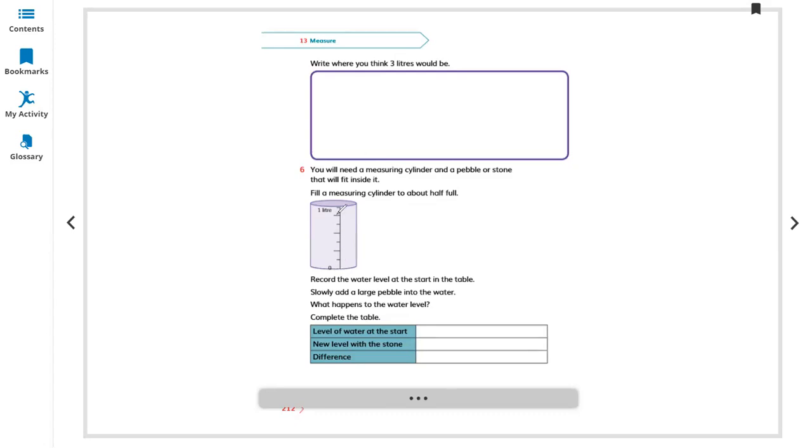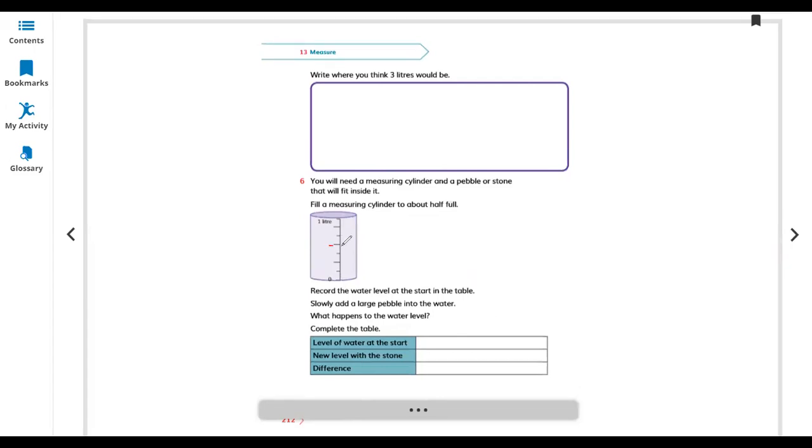Half full is, if this is 1 liter here, so this 0, 1, 2, 3, 4. We are making it half here. It's coming here in the center.